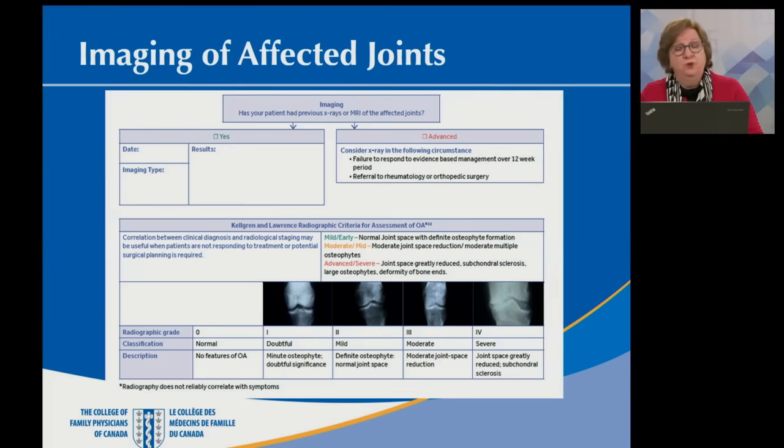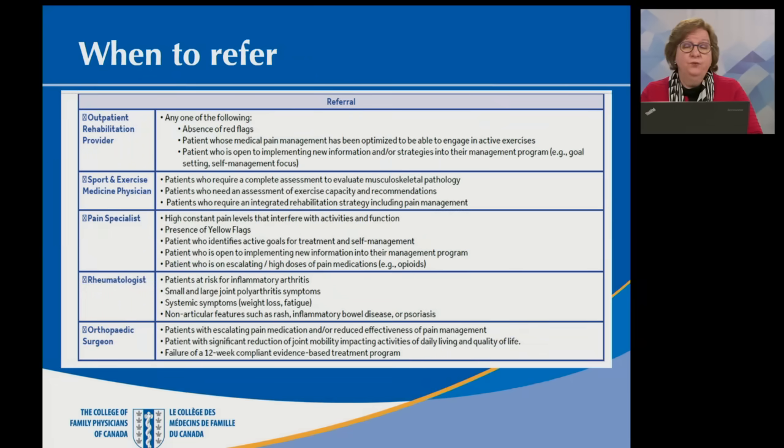And if you do order an exam, we have used the Kellgren-Lawrence radiographic criteria to help you stage that into early, moderate, or advanced. Referrals, we've given you the criteria of when a patient is appropriate for referral, not just to surgery and rheumatology, but also to a pain specialist, a sport and exercise medicine physician, or a rehabilitation therapist.